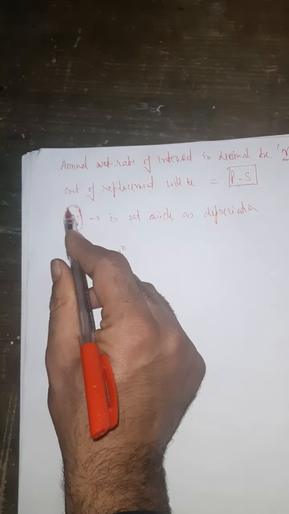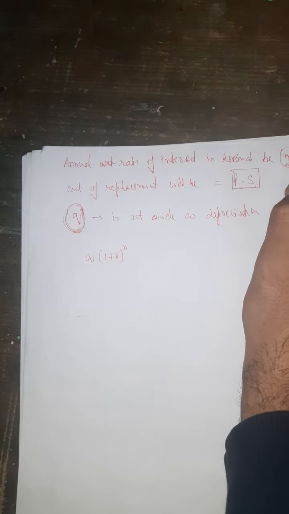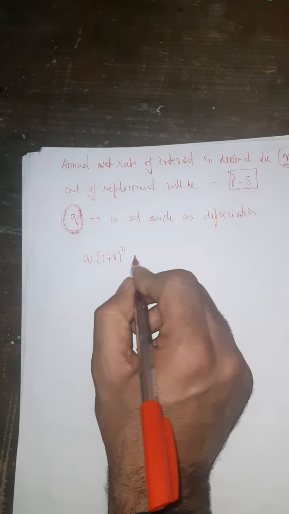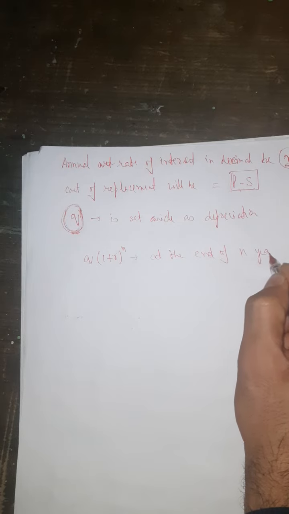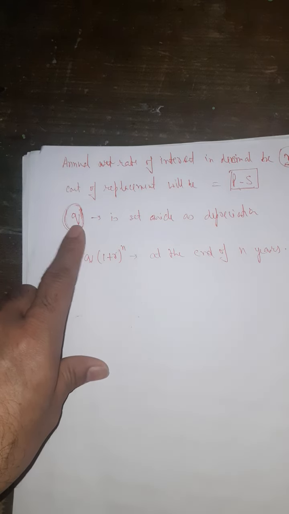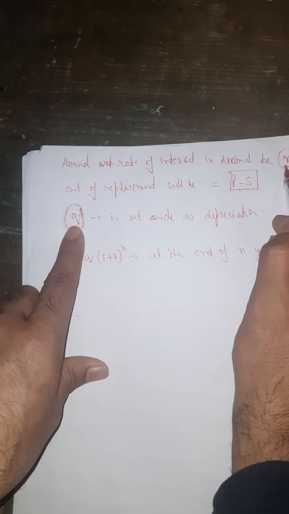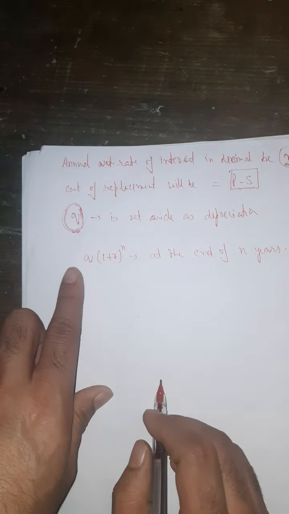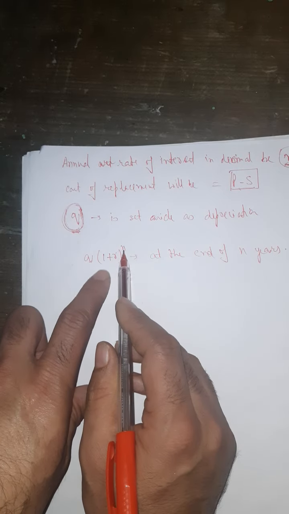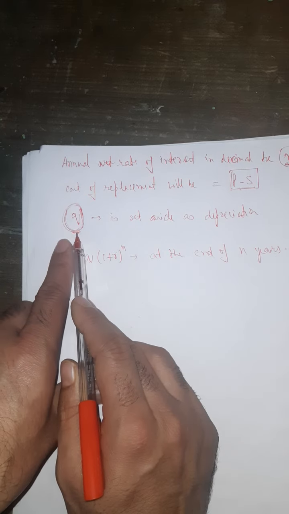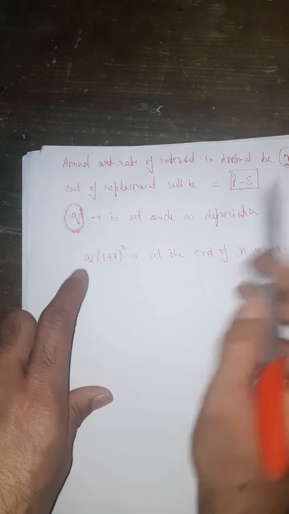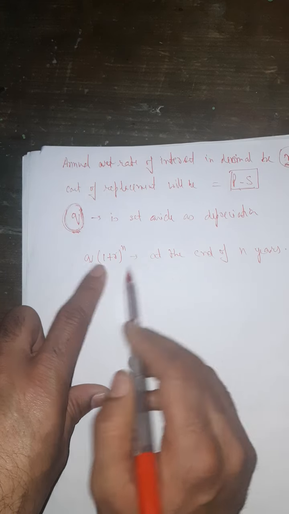Will it be or not? It is simply the compound interest formula. This is the depreciation every year, and this is the rate of interest we get on the amount kept aside. So the amount Q at annual interest R, when kept in the bank, becomes Q into (1 plus R) raised to power n at the end of n years.